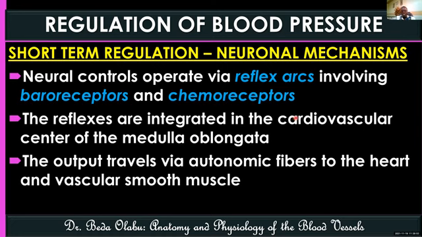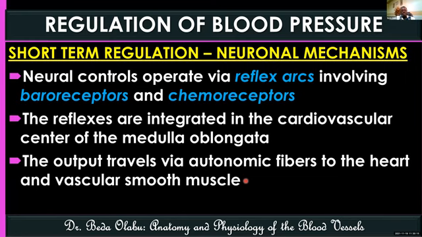So the information that comes out from the cardiovascular center of the medulla travels via the autonomic nervous system. And the key target organs are the cardiac musculature, myocardium, and vascular smooth muscle.